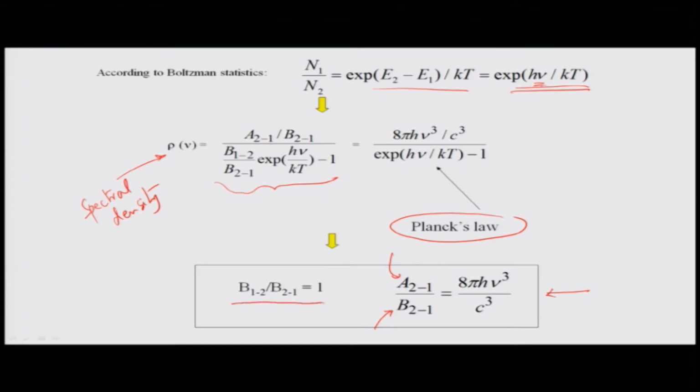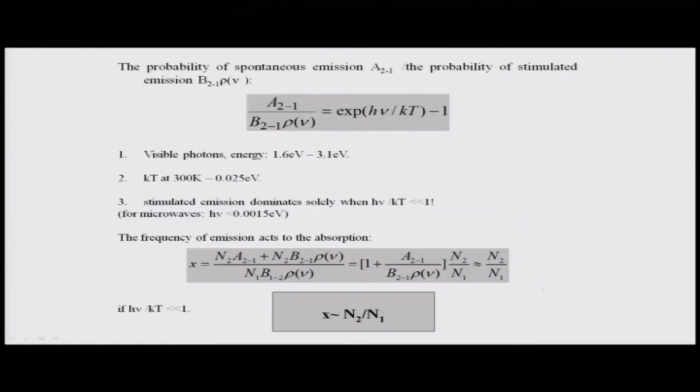Under the condition that the absorption and the stimulated emission are equally probable, which is generally the condition for any available photon, we can arrive at this important relation between spontaneous and stimulated emission with the help of Planck's law. So this is another way of looking at it. The probability of spontaneous emission to the probability of stimulated emission is once again given by this expression.